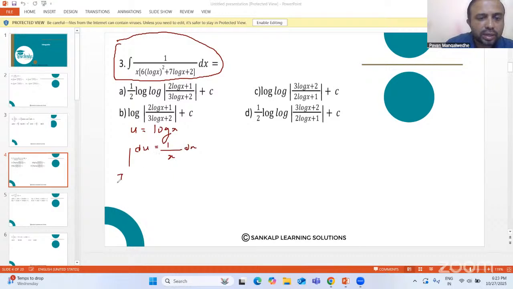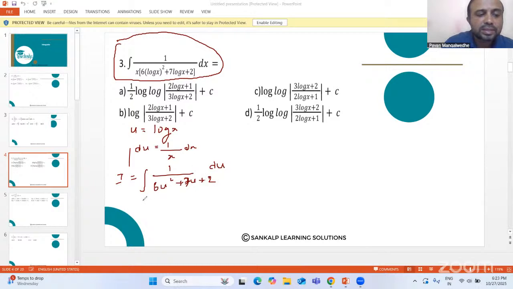So the integration I is equal to the integration of 1 upon 6u square, because log x you can treat as u, plus 7u plus 2, du. Now it looks like 6u square plus 7u plus 2.